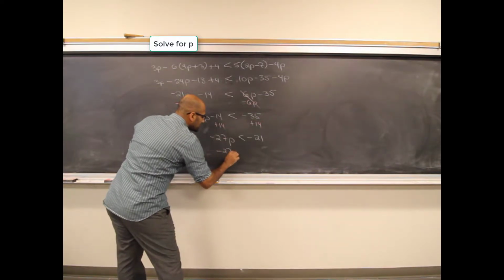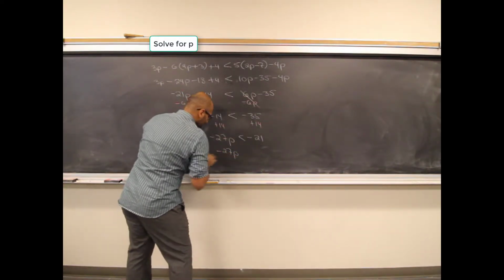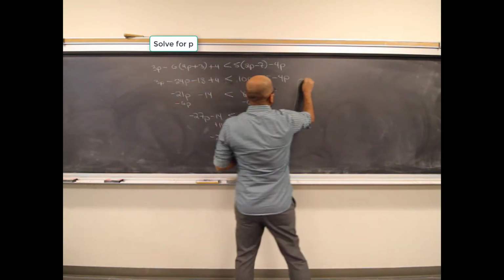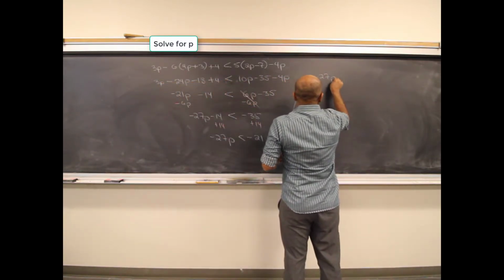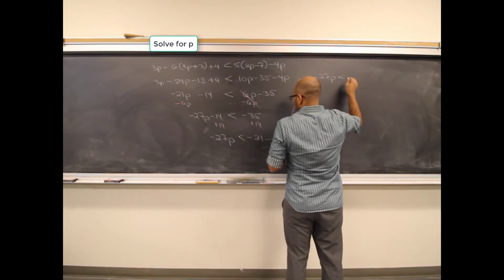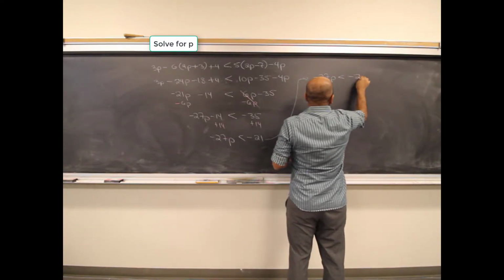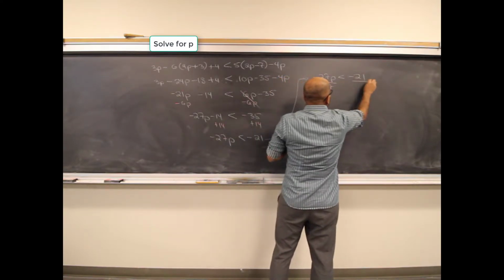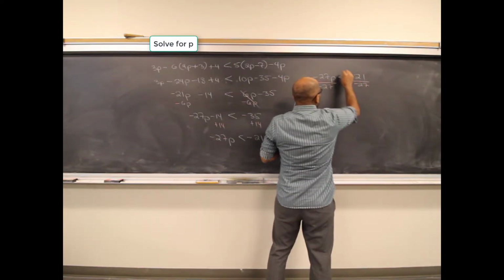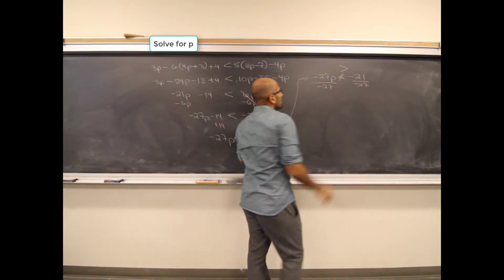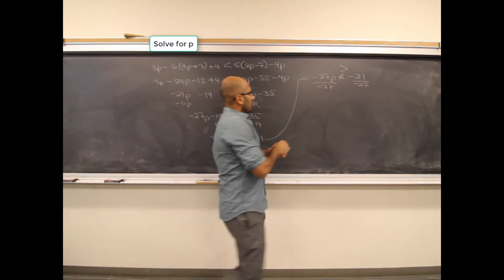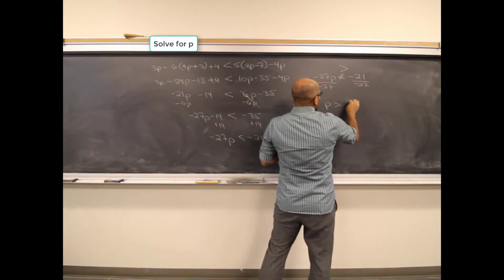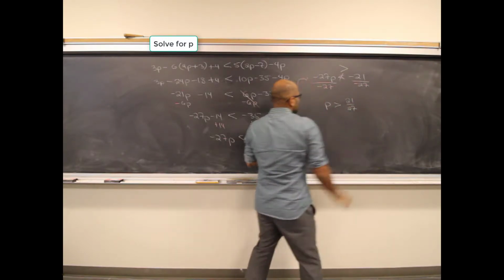So negative 27p is less than negative 21. I'm going to divide this side by negative 27, divide that side by negative 27. Therefore, I have to change the direction of the inequality. And so my final answer is p is greater than 21 over 27.